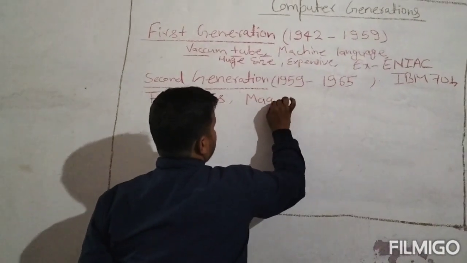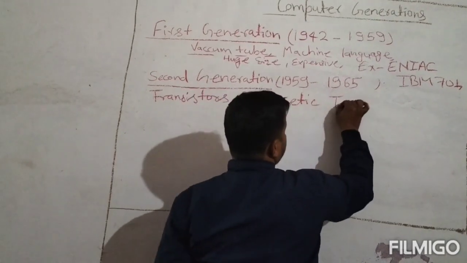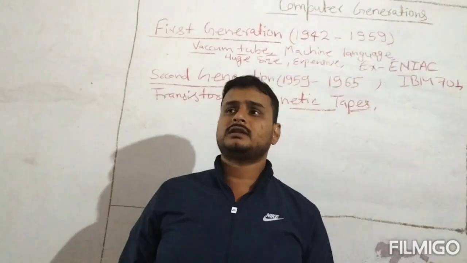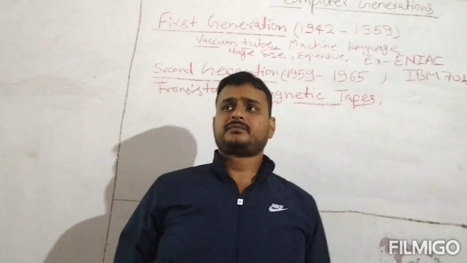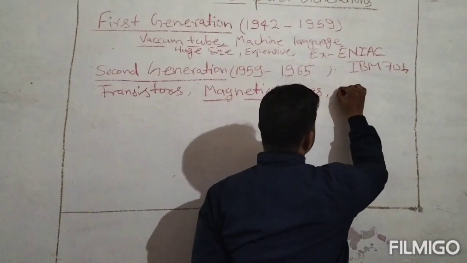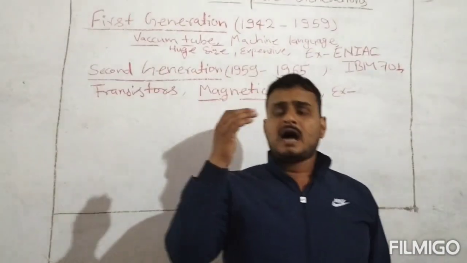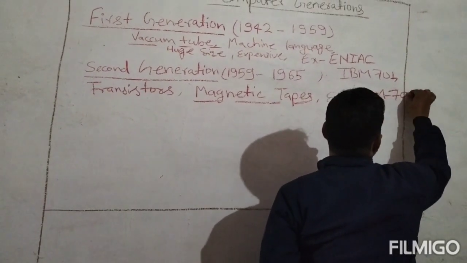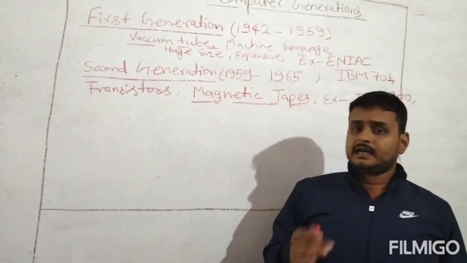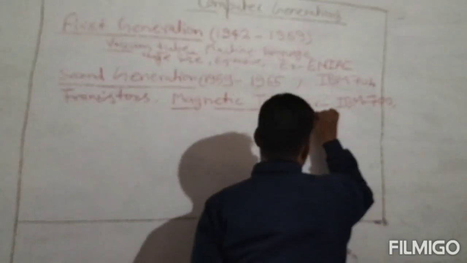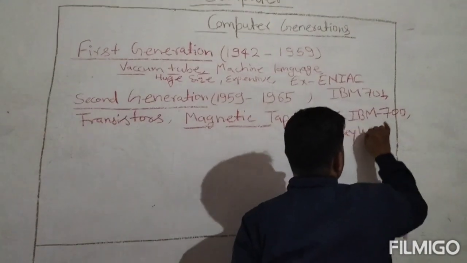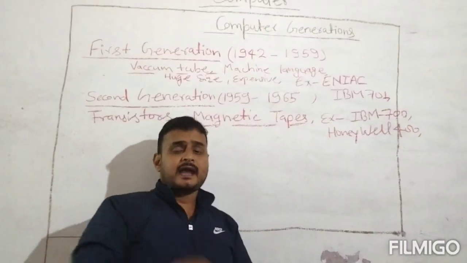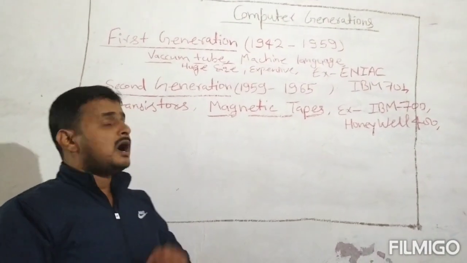Examples of second generation computers are IBM 700 and Honeywell 400.